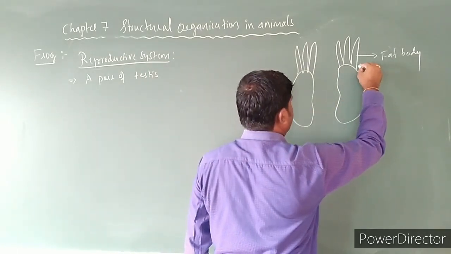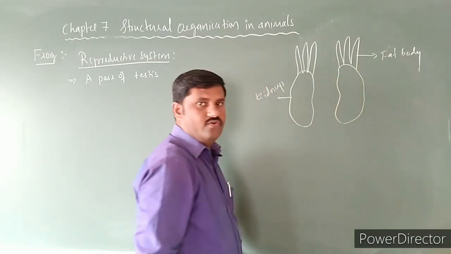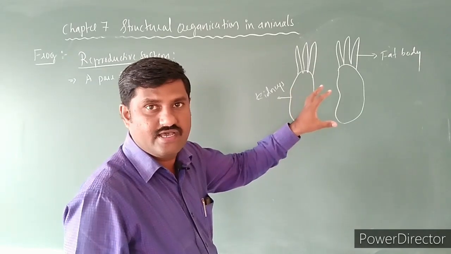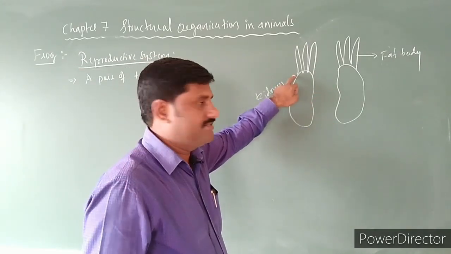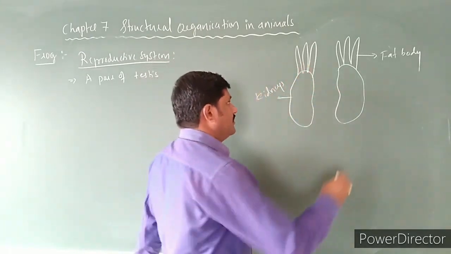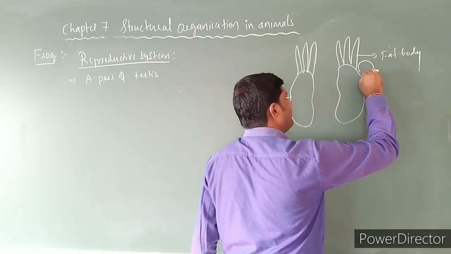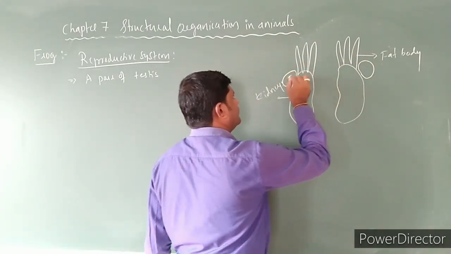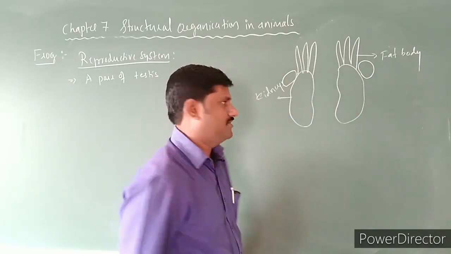Above the kidney, there is a pair of ovoid yellowish structures attached on the upper part of the kidney. They are nothing but testes. I shall draw them a little away from the kidneys. This is one testis, this is another testis, ovoid structures.